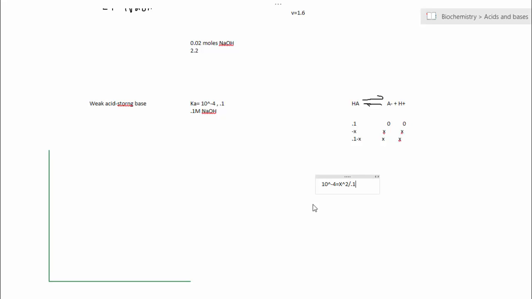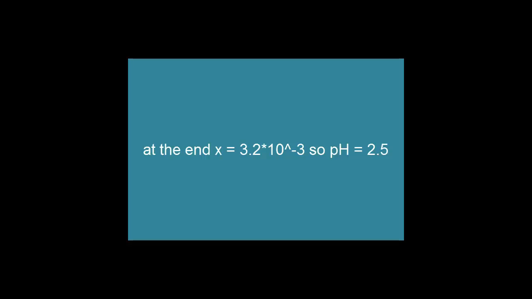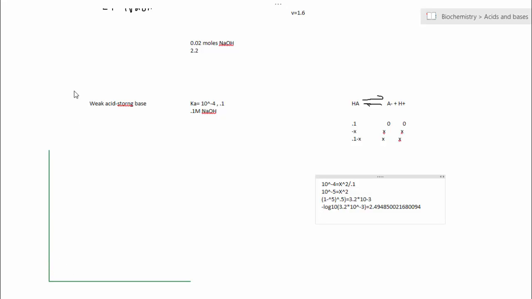Okay, we can make it divided by 0.1 minus x, but let's assume that the x is way too small and we can just neglect it. Okay, let's draw it. We'll have an initial pH of 2.4 or 2.5. Here we have 2.5. Okay, it will start here.